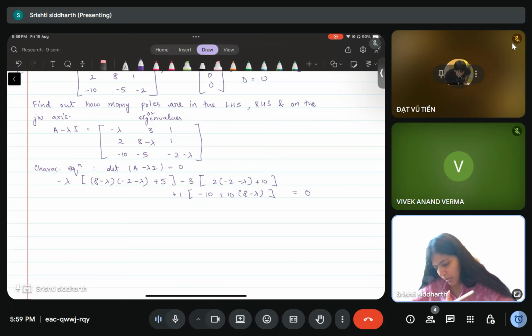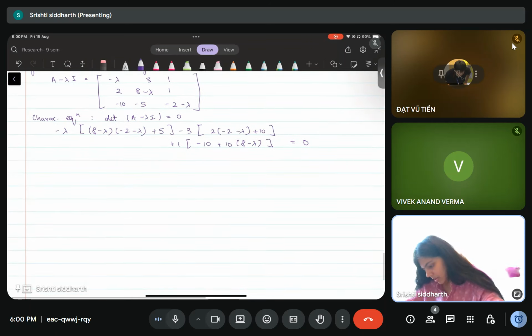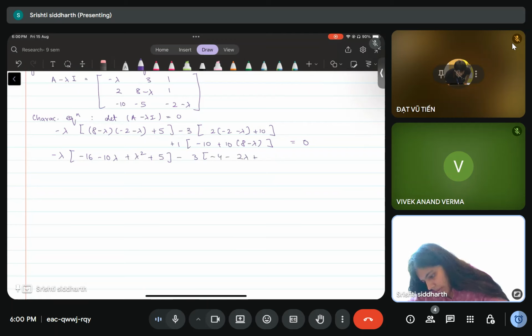Okay, just check this once before we move on. Alright, so let's simplify this. Now we have plus 5, and then minus 4 minus 2 lambda plus 10.